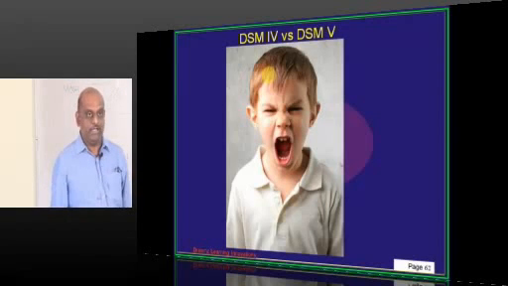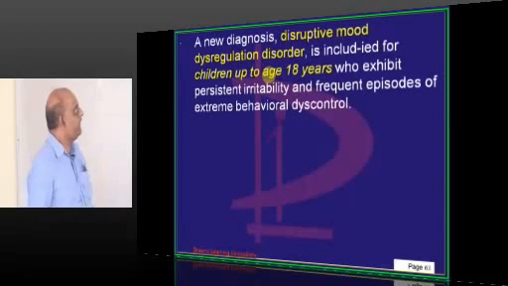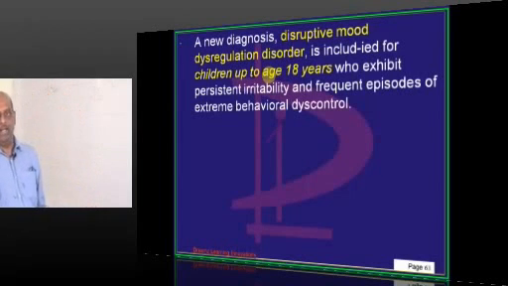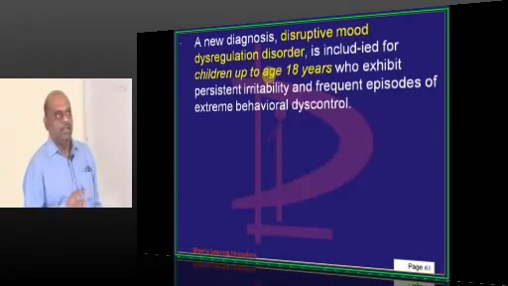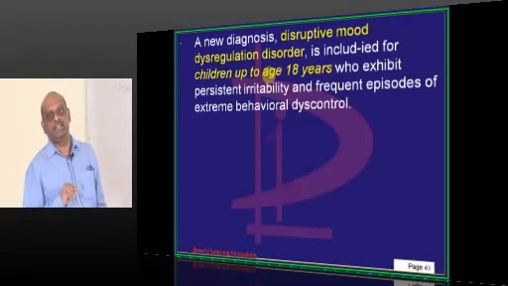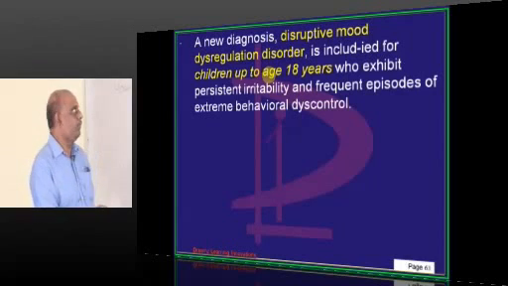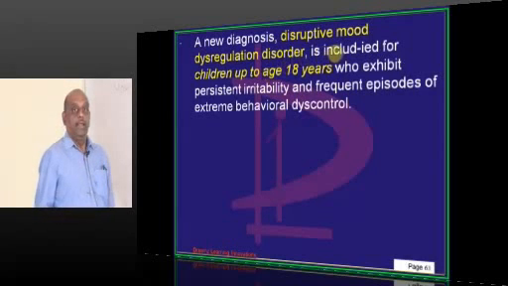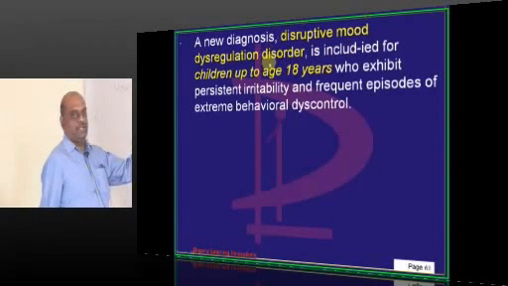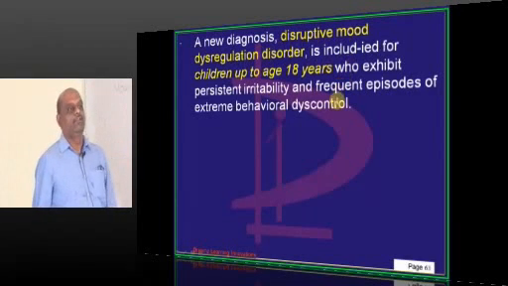If you don't get a seat, you will also have to face DSM-6. So what is the difference between the two? When it comes to psychiatric disorders, there are 2 main differences about bipolar illness in DSM-5 compared to DSM-4. A new diagnosis, disruptive mood dysregulation disorder, is being framed.